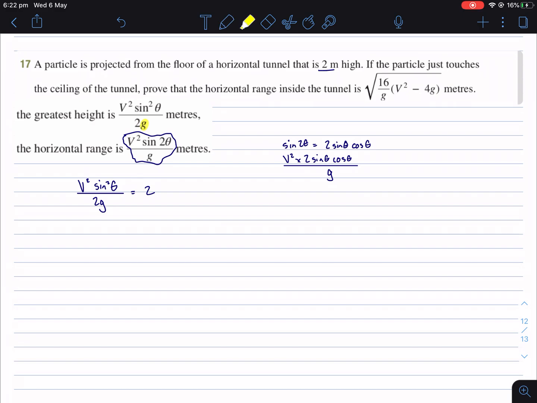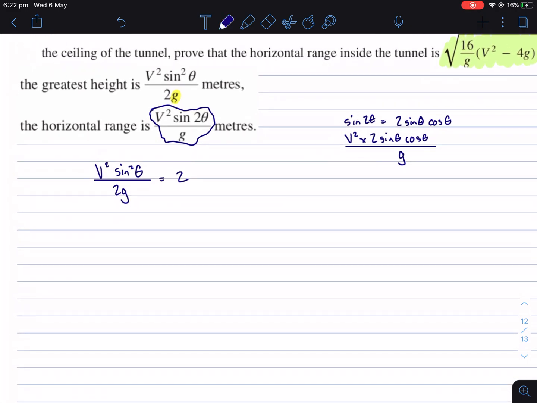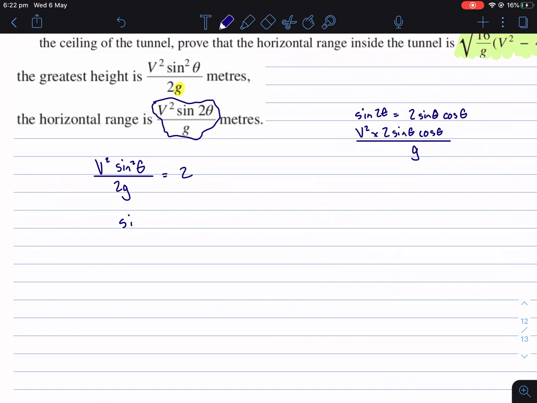Given that the equation we're aiming for doesn't have any sine thetas, cos thetas, whatever, I'm going to rearrange this equation for sine theta. So we get sine theta equals the square root of 4g over v squared. So it's 2 root g over v.